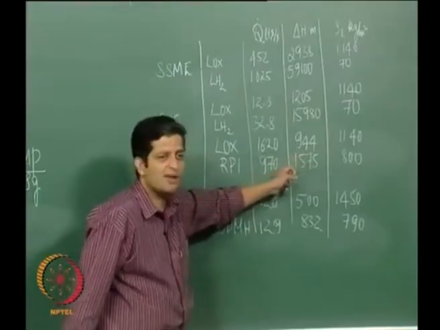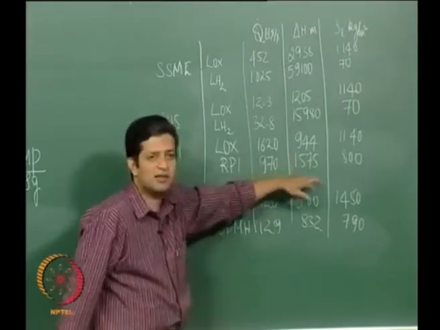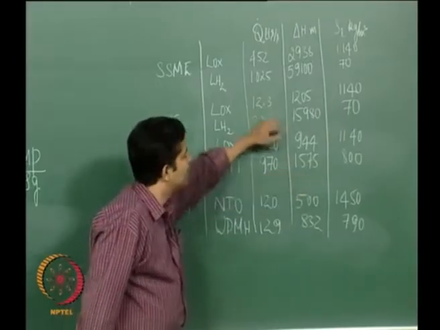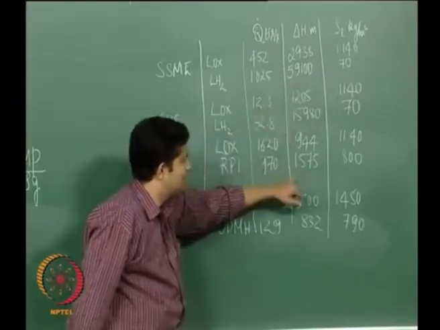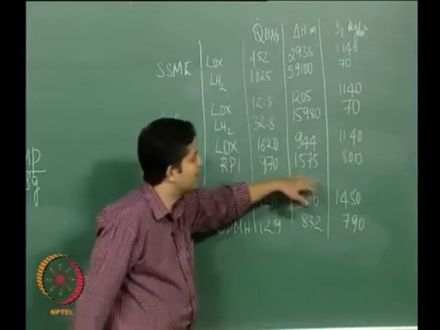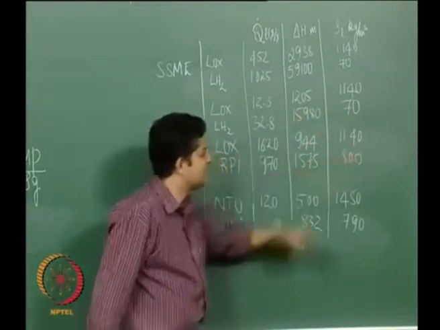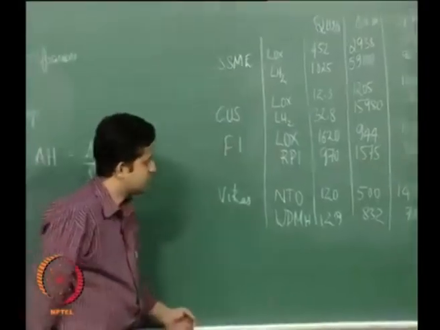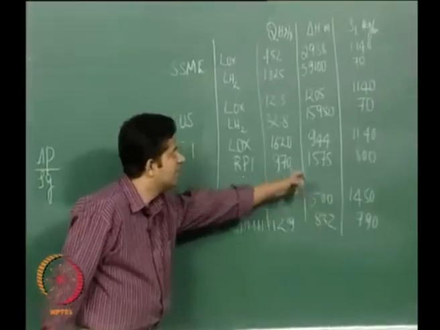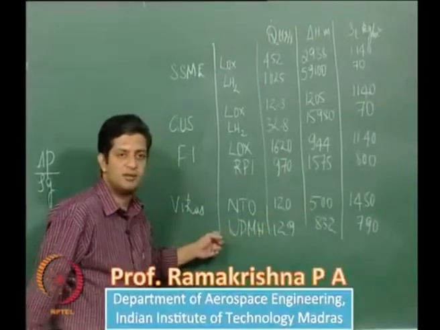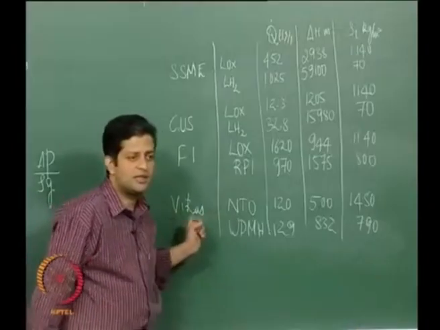Although this engine produces a much larger thrust, the head rise that is required for hydrogen is much higher than RP1. That is primarily because of the difference in densities. Okay. And here again the head rise is nearly the same for both fuel and oxidizer for the Vikas engine.